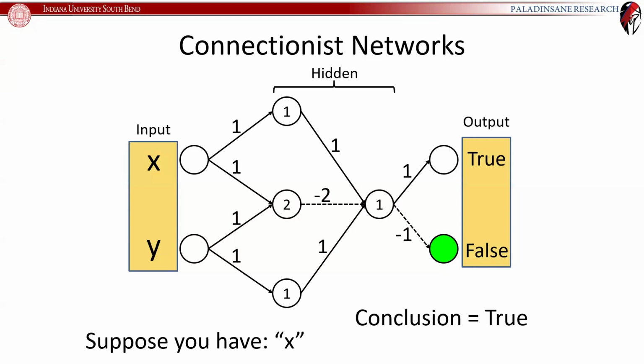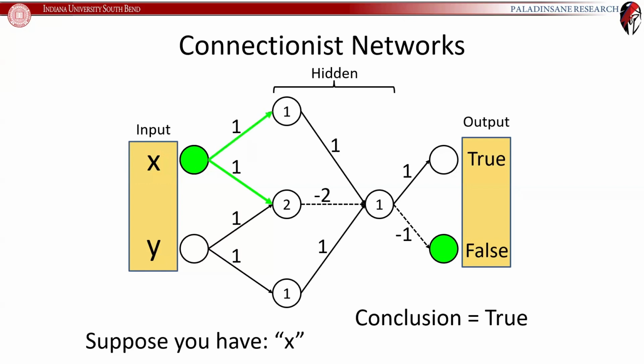Remember, we're starting with a default of false. Now we input X, so that X node gets activated. Once it gets activated, it sends its signal down to whatever it's connected to at the weight of those connections. So it sends a signal of 1 down to that first layer of hidden nodes, and an activation of 1 as well to the other.